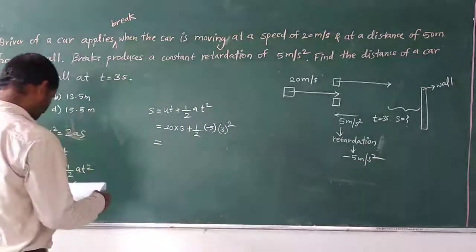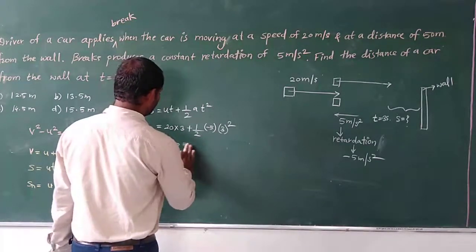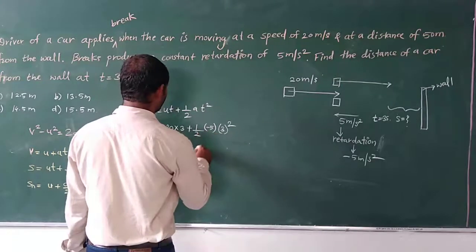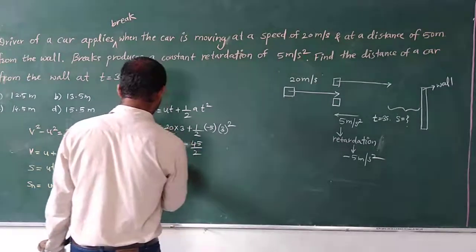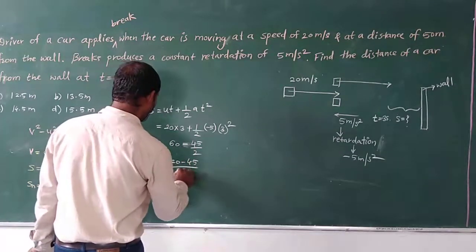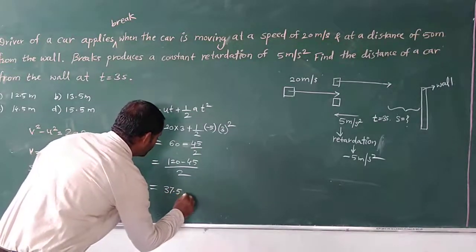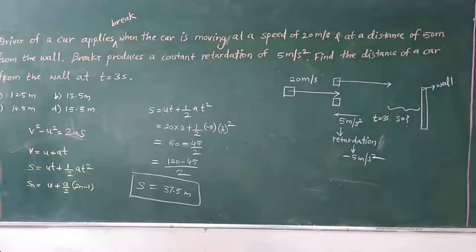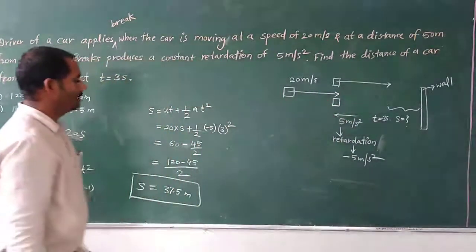So calculate this: 60 minus 45 divided by 2, and you will get 37.5 meters. So this is the distance you got: after applying brake, how far the car will go.